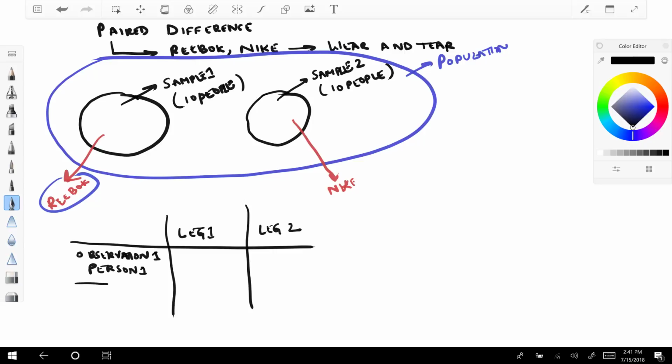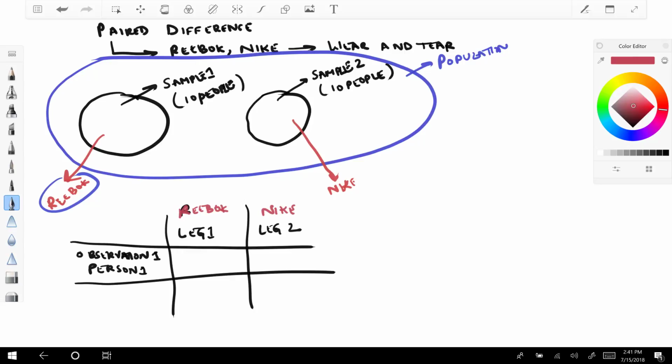So what we can do is we can ask each person to wear Reebok on one leg and Nike on the other leg.